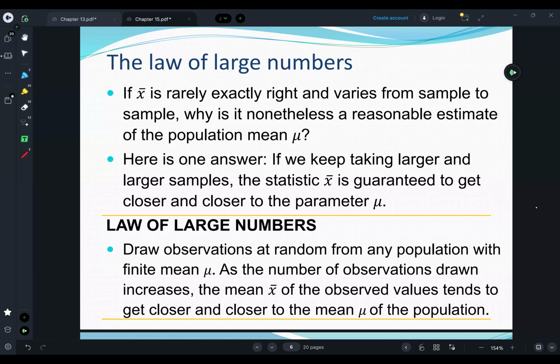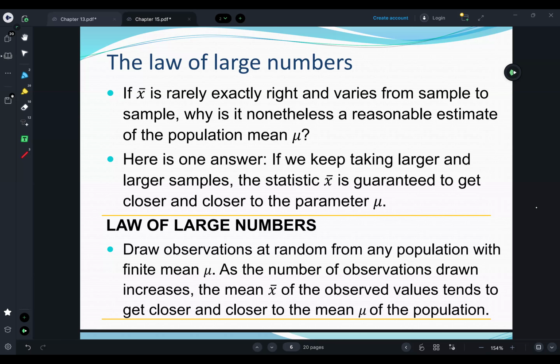And here's one answer. If we were to keep on taking larger samples, let's say instead of taking the first 2 rows, I take the first 3 rows, the first 4 rows, and I keep increasing my sample, then I'm going to get closer and closer to the true mean mu, right? So X bar is the average that I would get from the sample. And as I increase the sample size n, I'm going to get more accurate as I go.